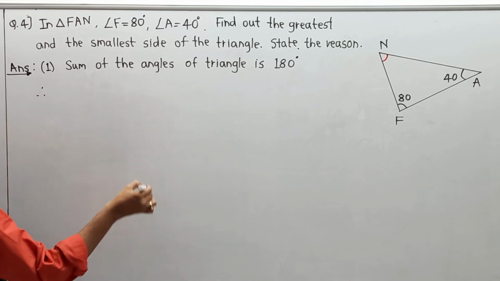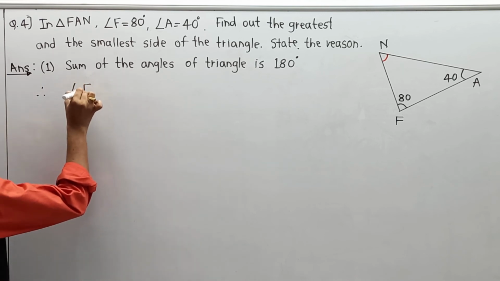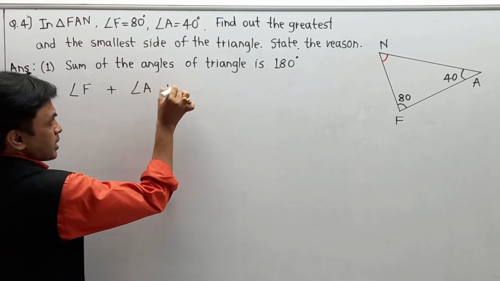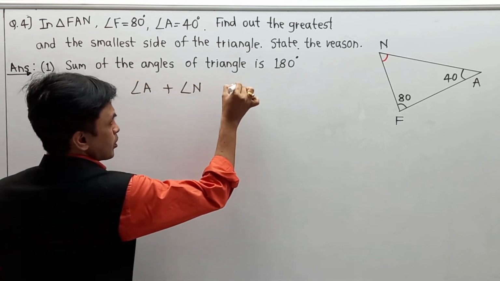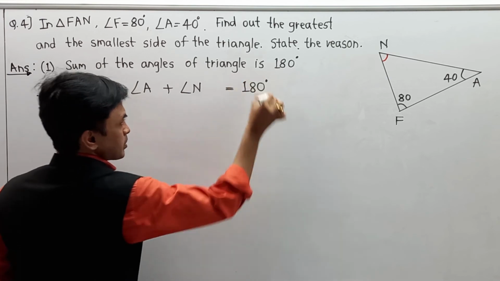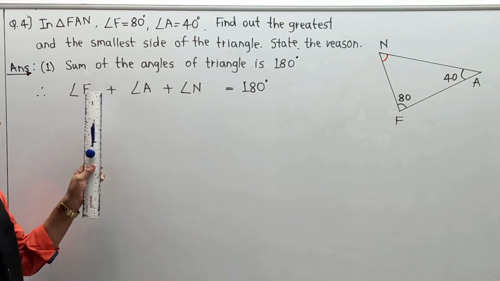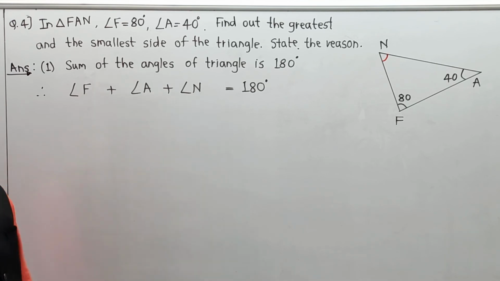Therefore, from the diagram, angle F plus angle A plus angle N is equal to 180 degrees. Because these angles are not connected with each other, I have written angle F, angle A and N directly.